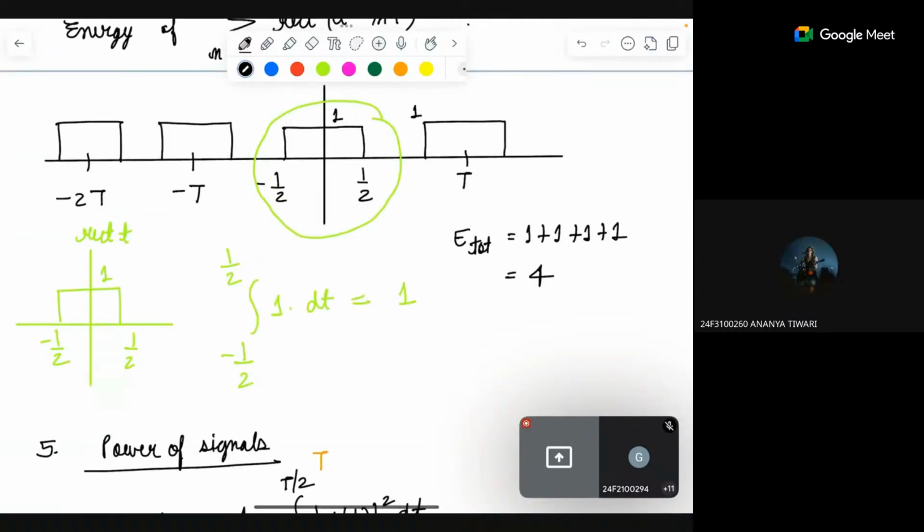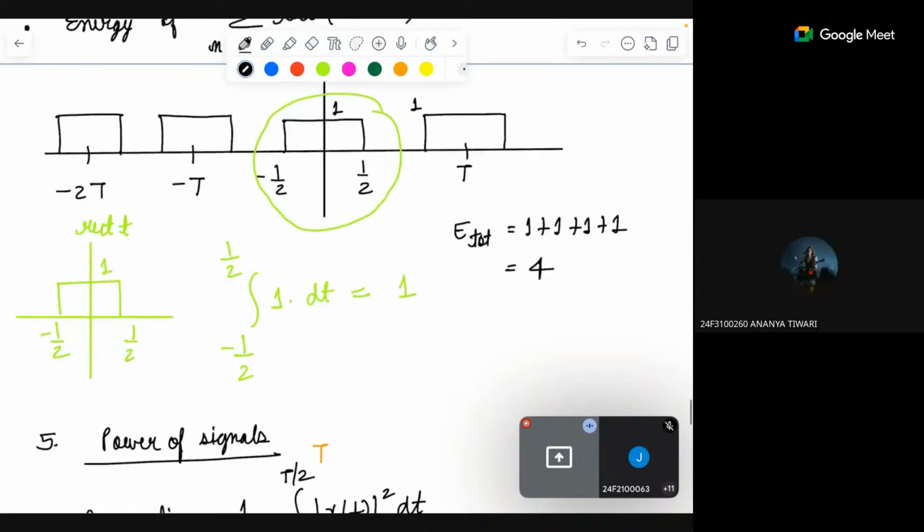Yes, ma'am. So the time period is... It does not have a time period. We will divide it by T, then we will apply the limit T tending to infinity. So we will essentially divide this 1 by infinity, so we will get 0.